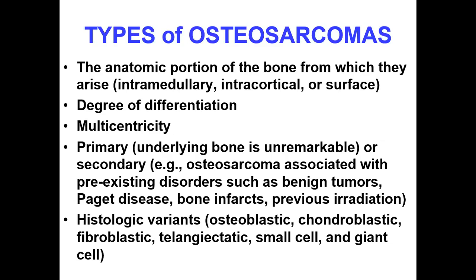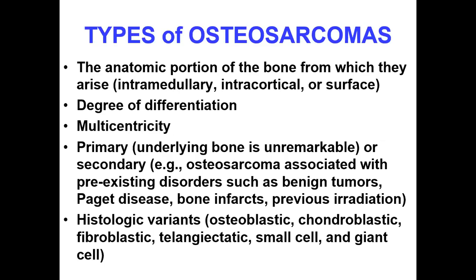Then are histologic variants depending on the microscopic features: osteoblastic and chondroblastic, fibroblastic, telangiectatic, small cell and giant cell variants. So all are types of osteosarcomas.